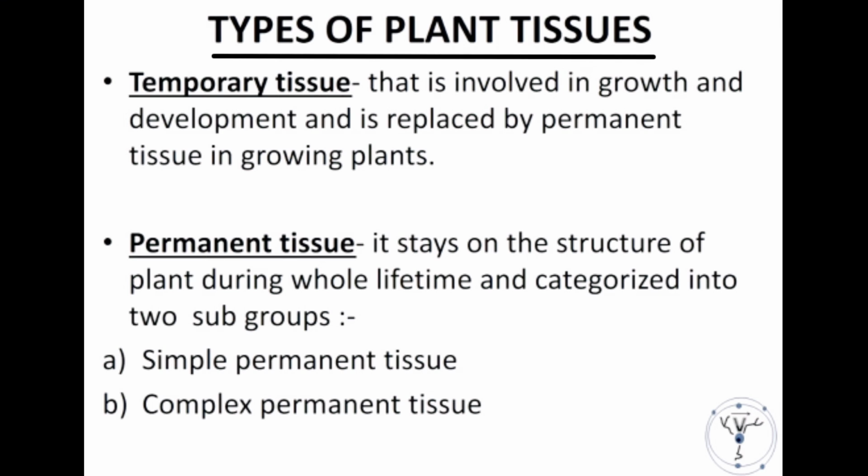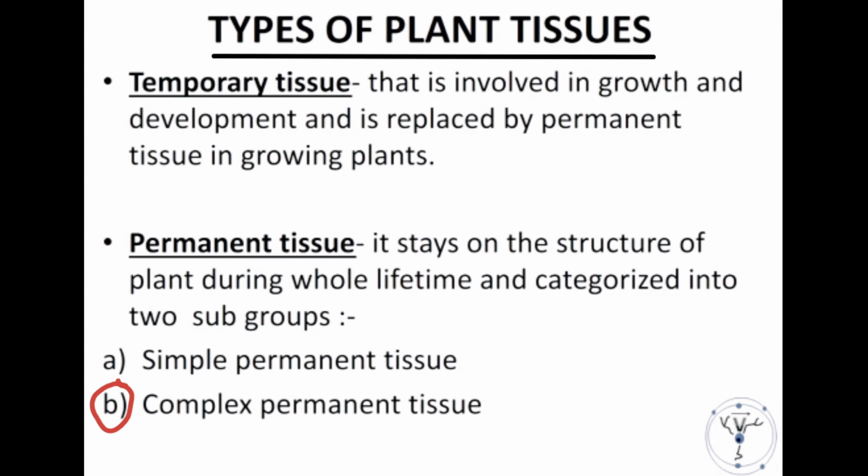They remain in the structure of plants, and these simple permanent tissues, in a count of two or more, aggregate or come together to bind themselves into one specific structure, which obviously leads to the formation of complex permanent tissue.